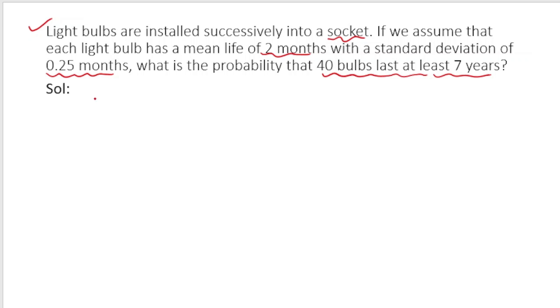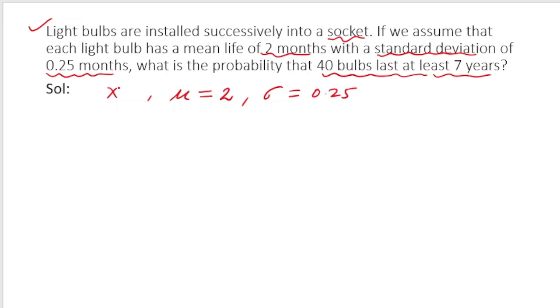It is given in this problem that x is the random variable, which is the life of the light bulb, right? So x follows a distribution whose mean is given to be 2 months, and whose standard deviation, not variance, sigma, is given to be 0.25.